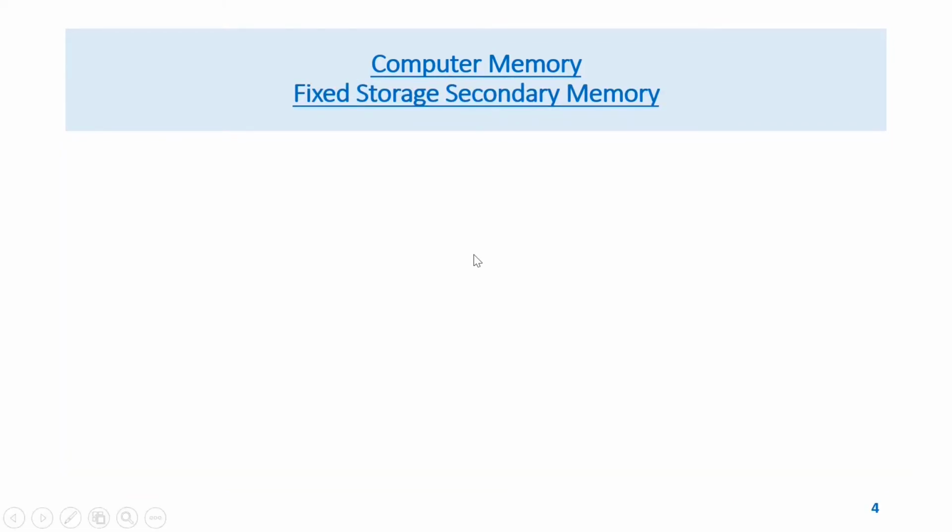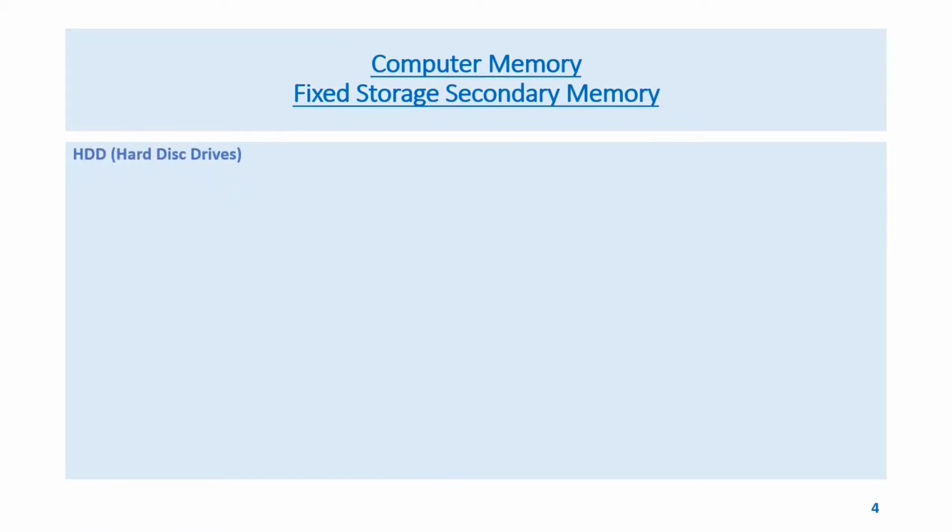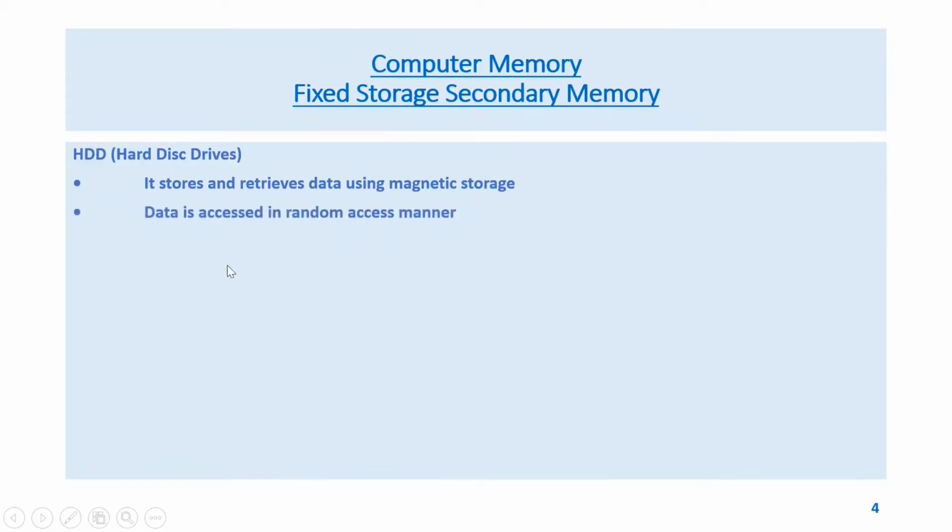Now let us look at fixed storage secondary memory. What comprises fixed storage secondary memory? Hard disk drives. A hard disk drive stores and retrieves data using magnetic storage. Data is accessed in a random access manner.